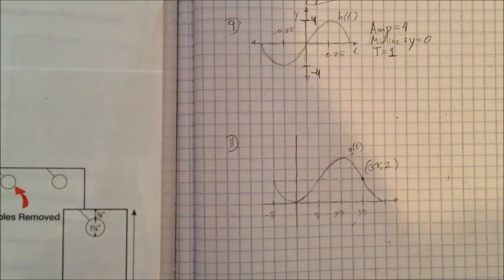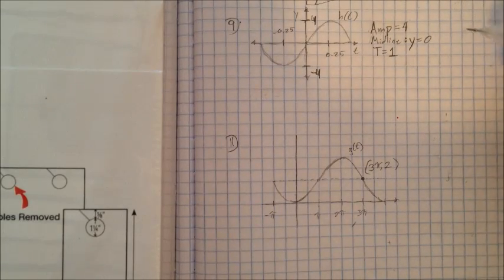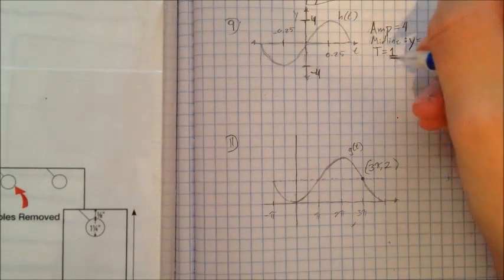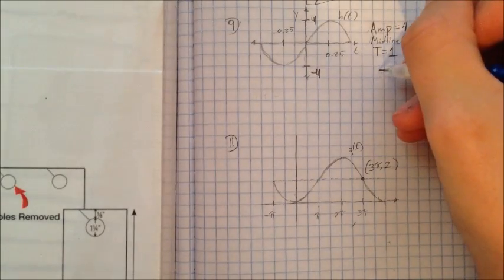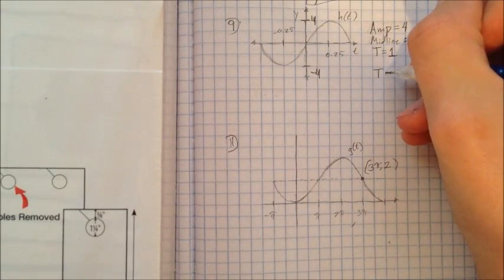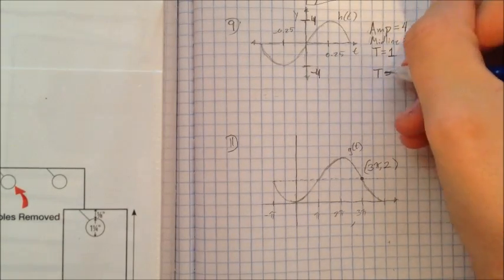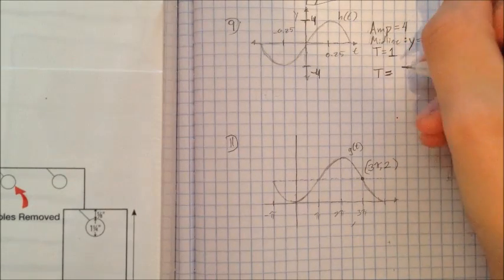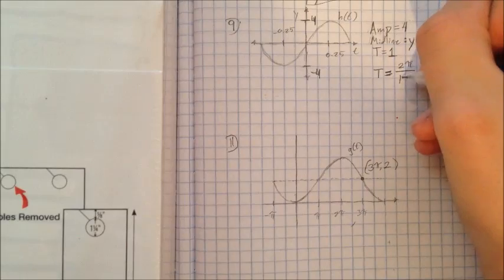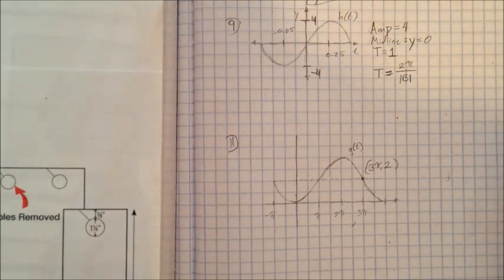But that doesn't really tell us much. We don't want the period. We can't really do much with that in our formula. So we need to find b. But we do know we can find b using the period, so the period is not entirely unhelpful. We do know that the period is equal to 2 pi divided by the absolute value of b.